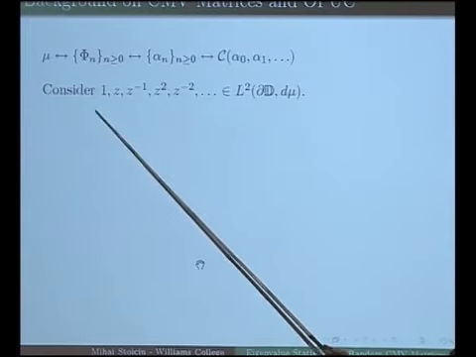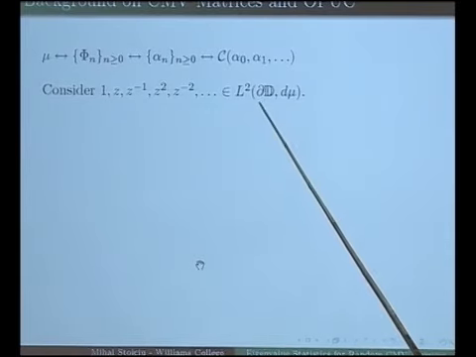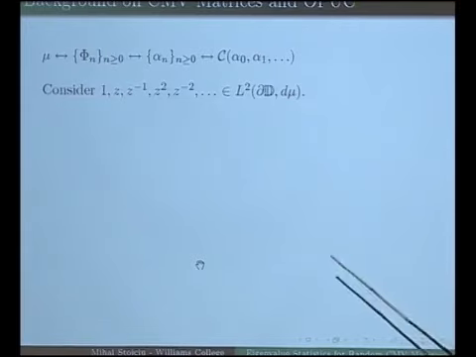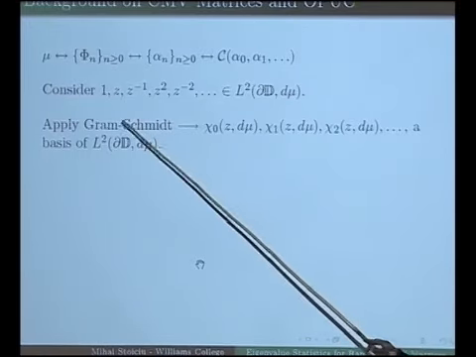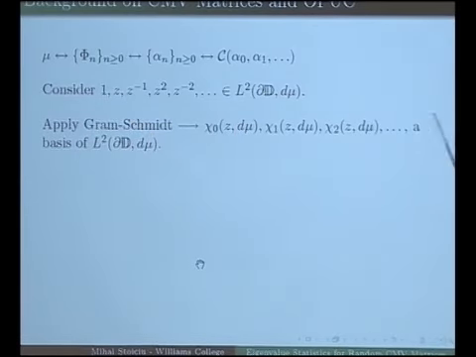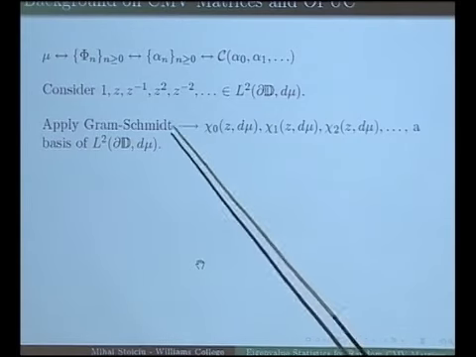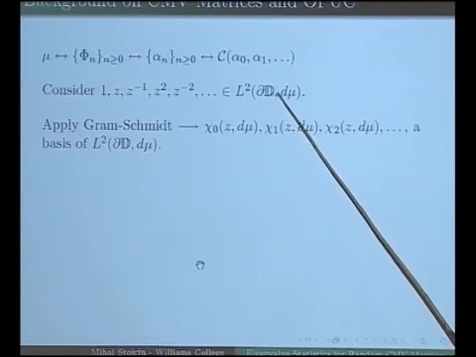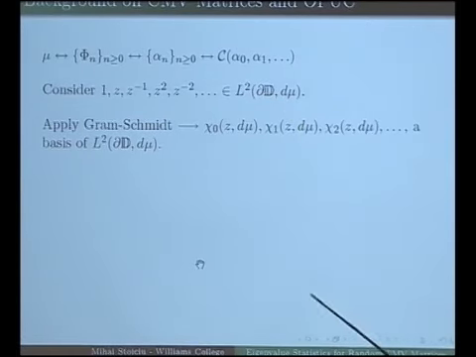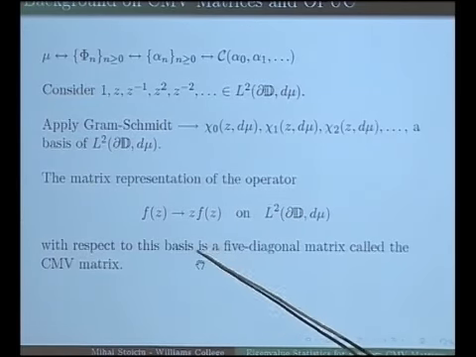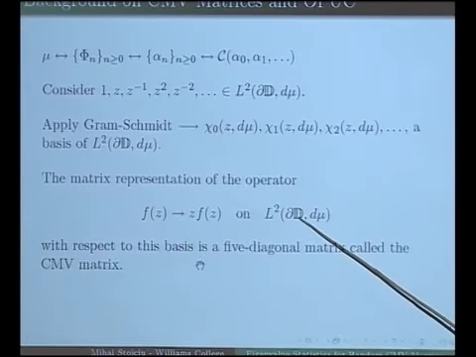So here's how one gets a band matrix. Okay, we consider 1, z inverse, z squared, z to the minus 2, and so on. These form a basis for this Hilbert space. It's not hard to see that this is a basis. Okay, and we apply Gram-Schmidt to this basis. And instead of polynomials, here you will get a basis of Laurent polynomials for this Hilbert space.